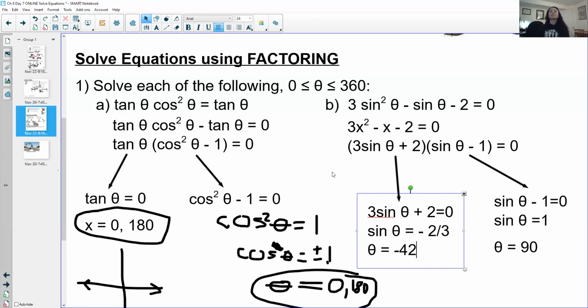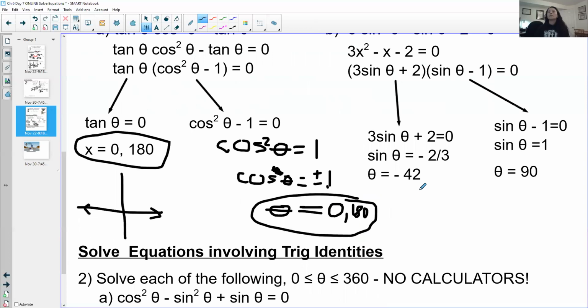Okay, these negative ones are a little bit funny, right? You've seen those before. So negative 42, if this is at 0 degrees, negative would go in this direction at 42. So I know it's 0 degrees, but it's also 360. So 360 minus 42, you should get 318 degrees.